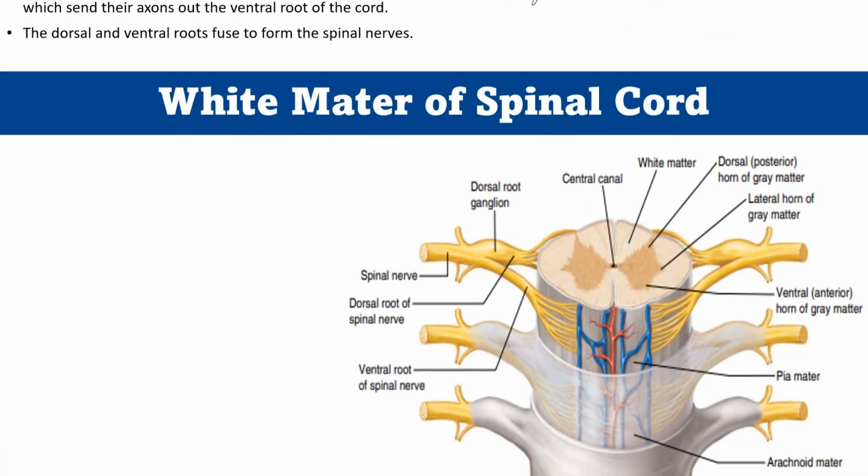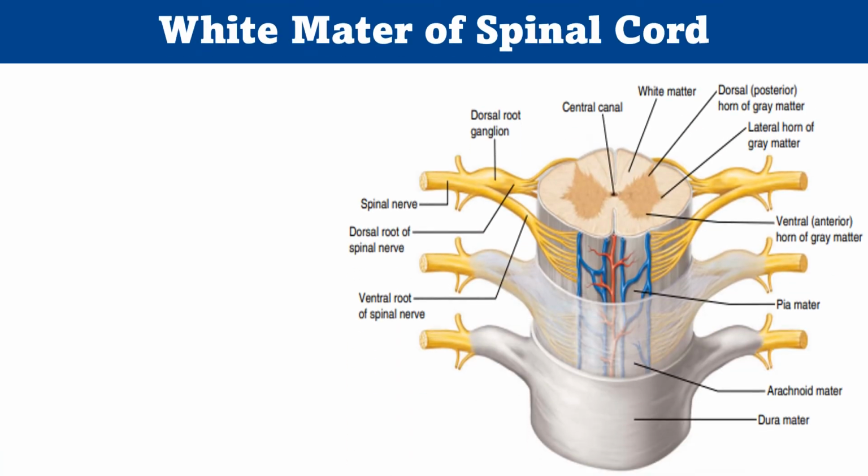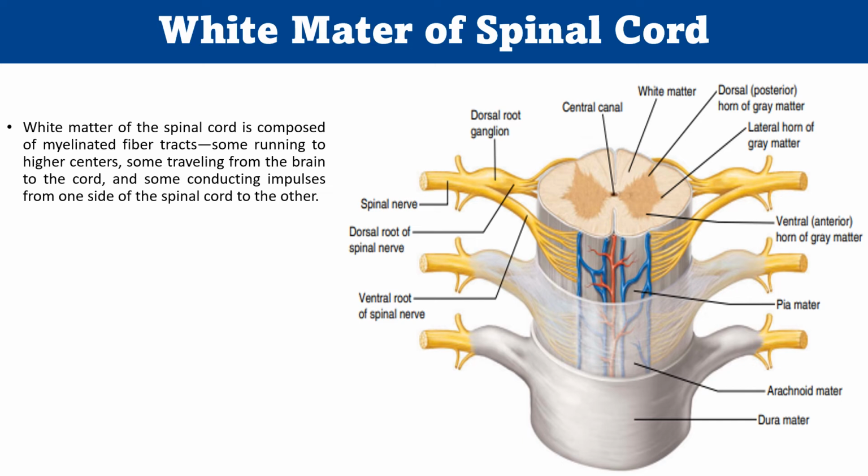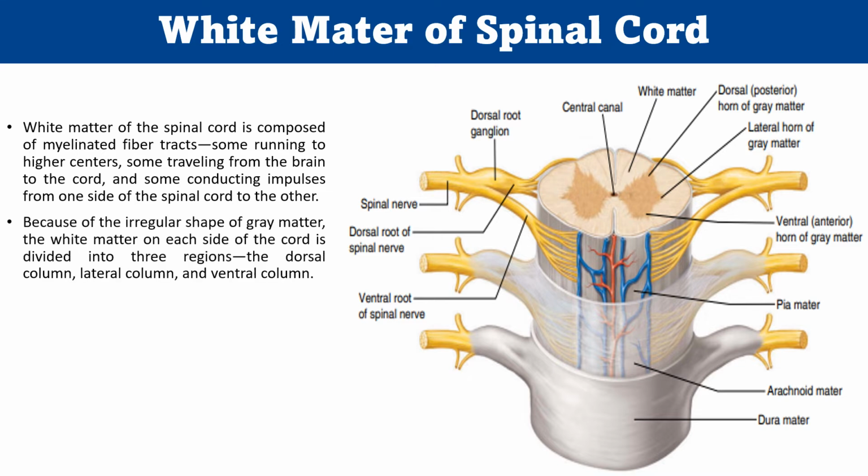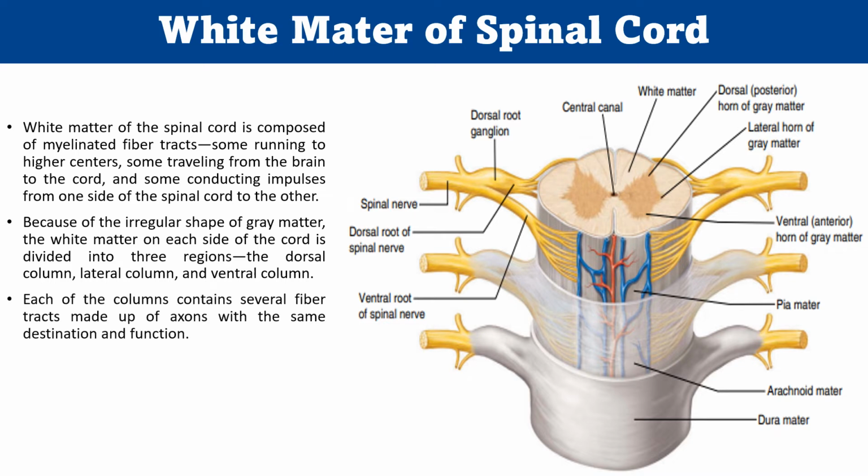Then we have the white matter of the spinal cord. White matter of the spinal cord is composed of myelinated fiber tracts, some running to the higher centers, some traveling from the brain to the cord, and some conducting impulses from one side of the spinal cord to the other. Because of the irregular shape of the gray matter, the white matter on each side of the cord is divided into three regions: the dorsal column, lateral column, and the ventral column.